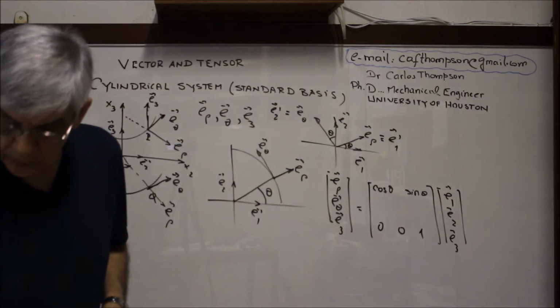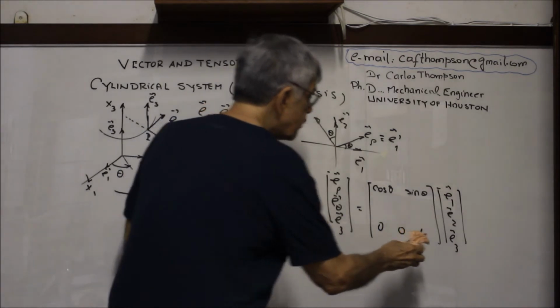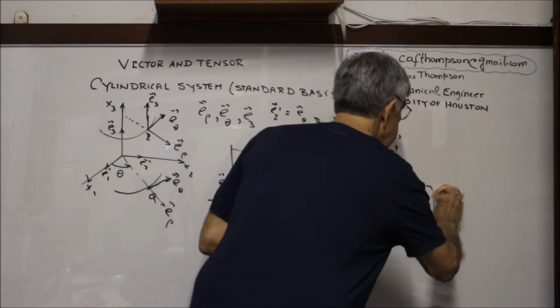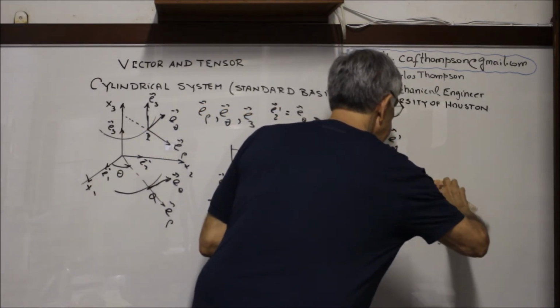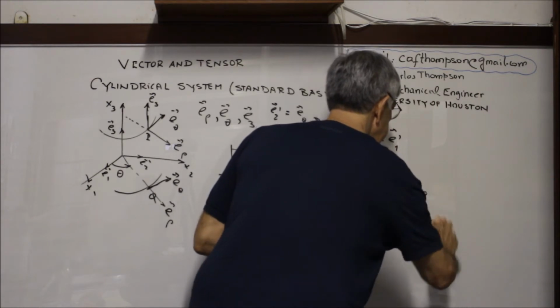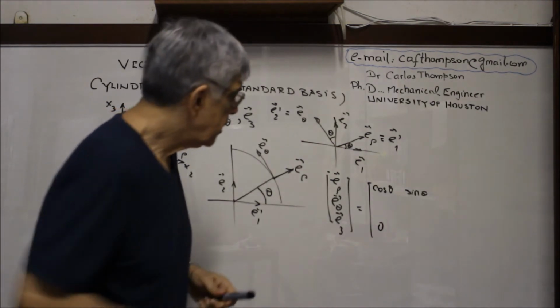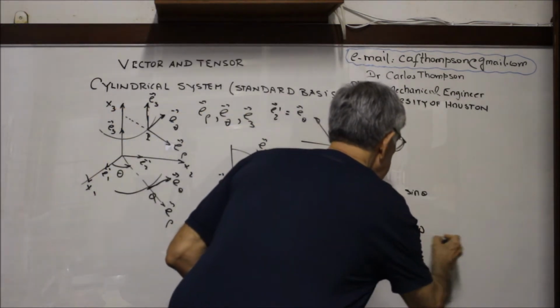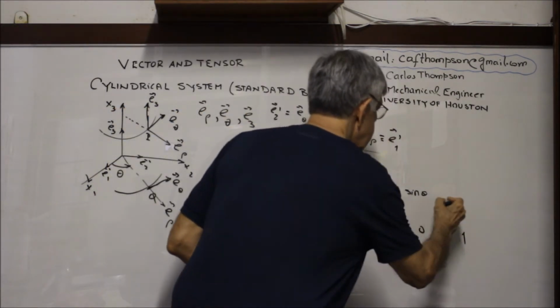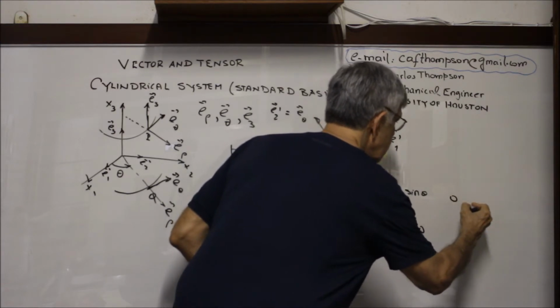Now you can write it down like this. I know what to do, because let's work in three dimensions. The same thing. So it'll be 0 here and 1 here, so this will be 0.